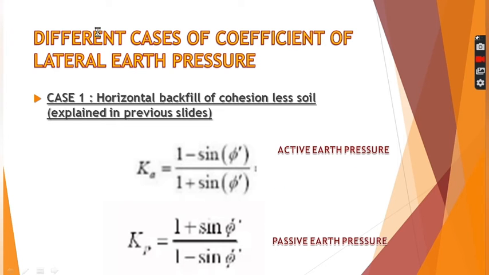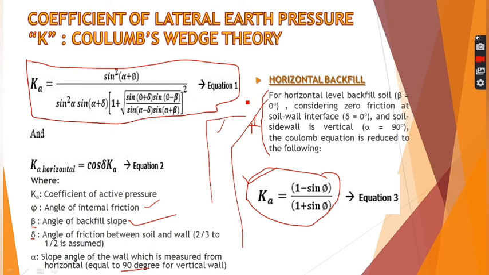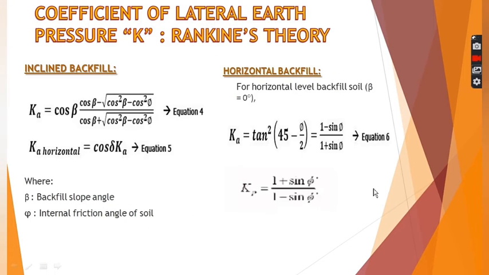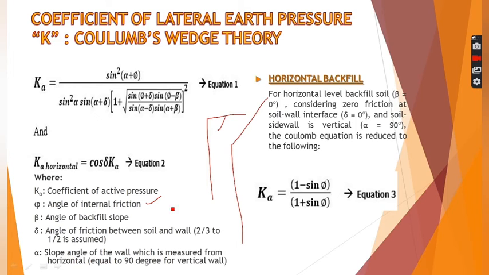Now, this is the basic formula which you will be using. Ka is 1 minus sin phi upon 1 plus sin phi, kindly note, for horizontal backfill with zero friction between soil and wall. There are other factors which can influence the value of Ka or Kp apart from the backfill slope, the friction between soil and the wall, or the slope angle of the wall.